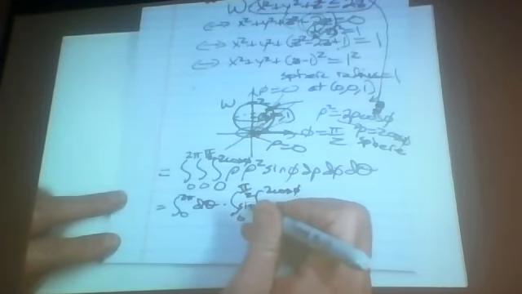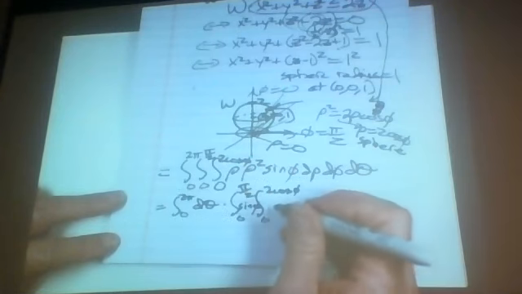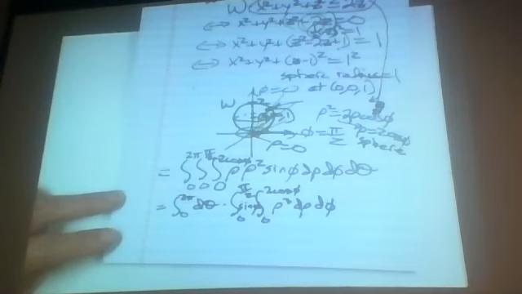We could pull the sine phi out of there, since it comes out of the rho integral treated as a constant: sine phi, rho cubed d rho d phi. Now you can do this double integral here and multiply by 2 pi.